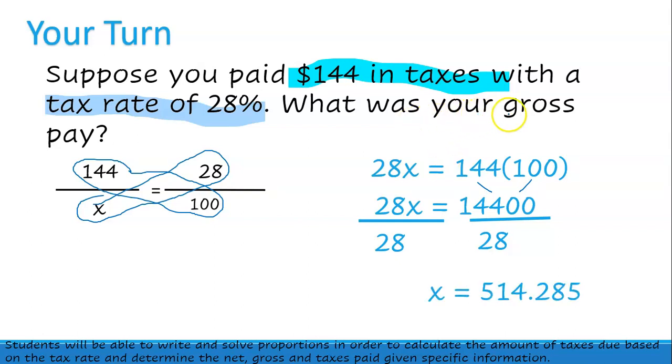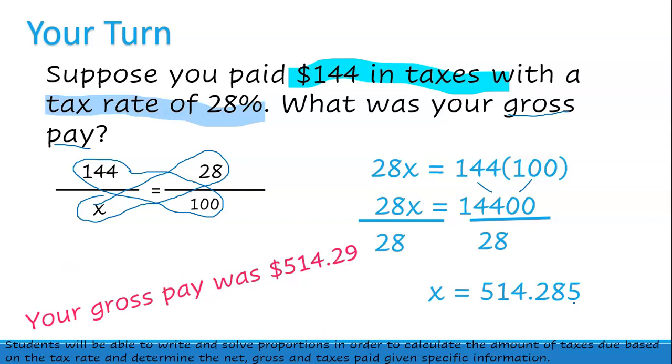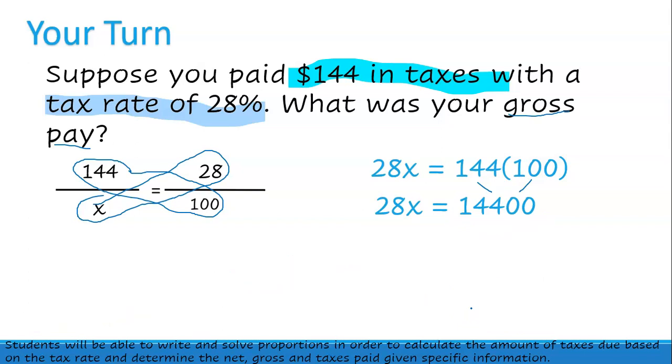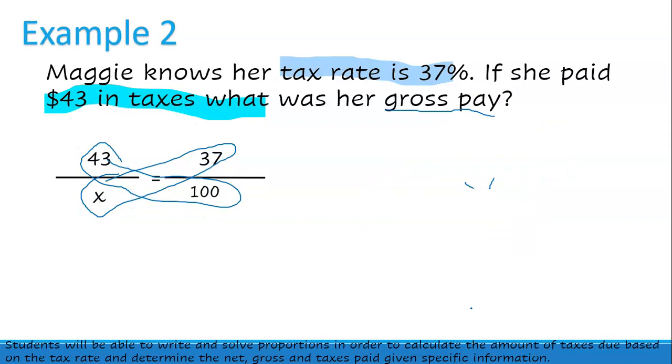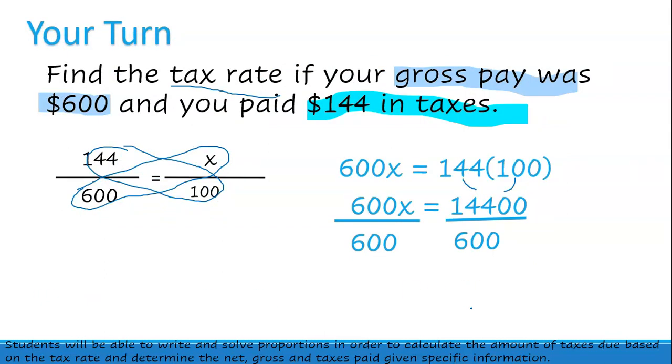And our gross pay, remember that's money, so dollars and cents. We look at the 5 there, which tells us we're going to bump that up. So our gross pay was $514.29. So far we have found our gross pay, and we have found our tax rate.